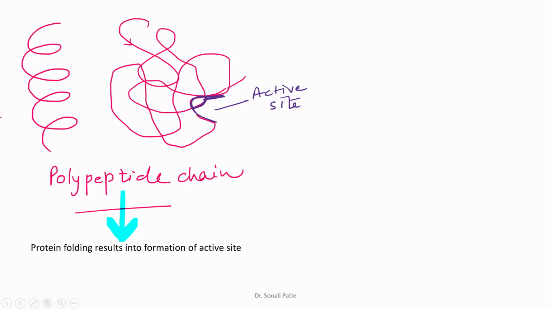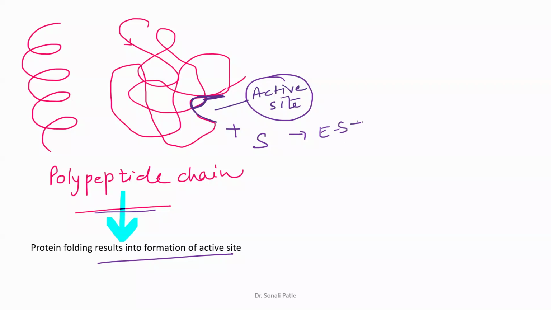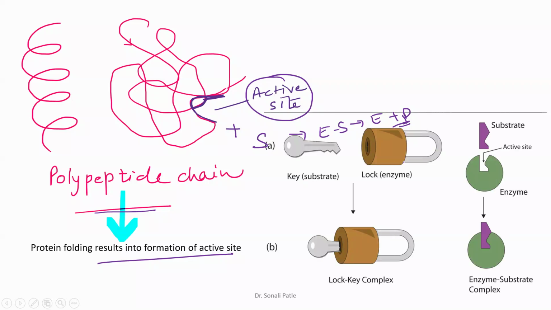Because of the folding of the polypeptide chain, it forms an active site, and that active site specifically binds to the substrate. That results in an enzyme substrate complex, and then the enzyme and the product are formed. So this is how the reaction happens.